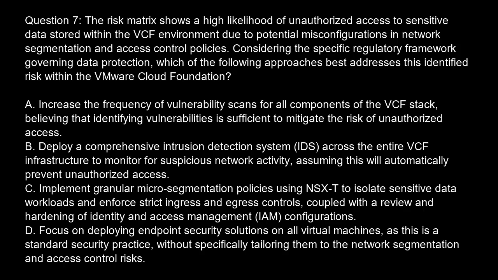Option C. Implement granular micro-segmentation policies using NSX-T to isolate sensitive data workloads and enforce strict ingress and egress controls, coupled with a review and hardening of identity and access management (IAM) configurations. Option D. Focus on deploying endpoint security solutions on all virtual machines, as this is a standard security practice, without specifically tailoring them to the network segmentation and access control risks.